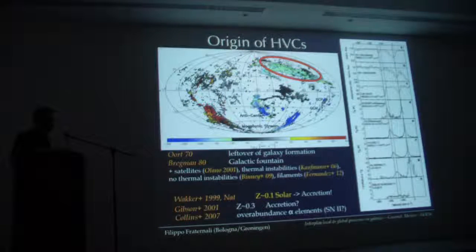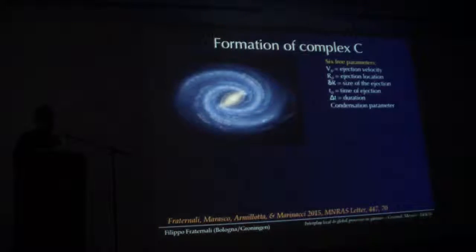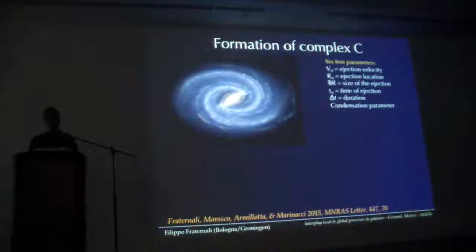This changed a little bit in the next years, but not dramatically. The metallicity was found to be potentially up to 0.3, and there were also some overabundances of alpha elements. So what we did, we tried to see: can we produce the complex C by throwing material with the fountain, so the explosion of a superbubble in the corona and triggering cooling of the corona?